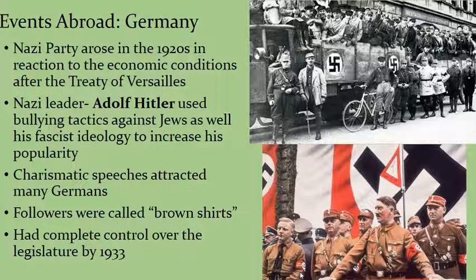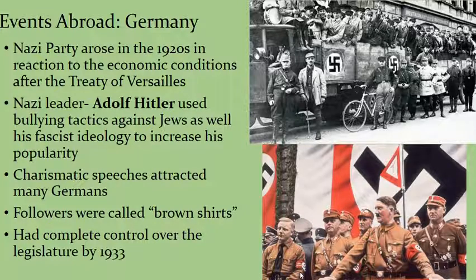And in Germany, you have the rise of the Nazi Party in the 1920s. You have hyperinflation in Germany because of those war reparations from World War I after the Treaty of Versailles. Hitler, a charismatic speaker, really appealed to the fears of the German people, their lack of money, their lack of basic commodities, and really used the Jewish population of Germany and Poland, right?